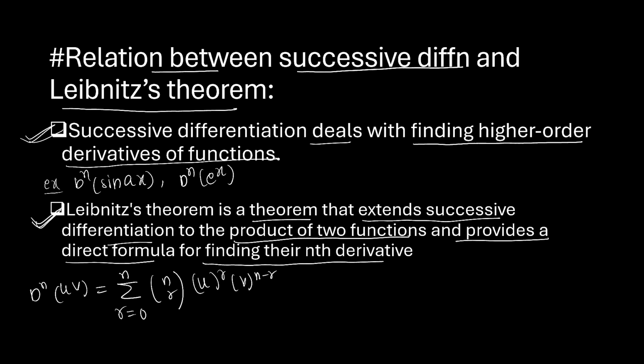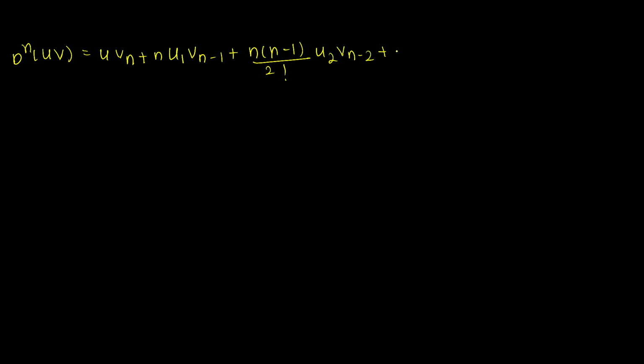Okay, the expanded form is given as d^n(uv) equals, we have also discussed the trick to remember this expanded form, which is u v_n plus n u_1 v_(n-1) plus n(n-1) upon 2 factorial u_2 v_(n-2), and so on till u_n v.